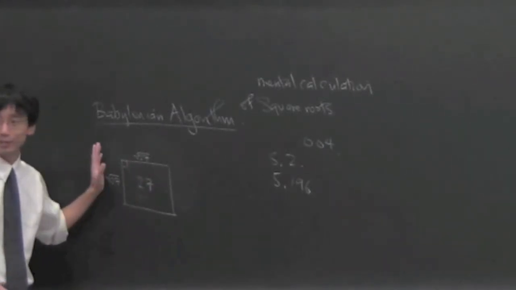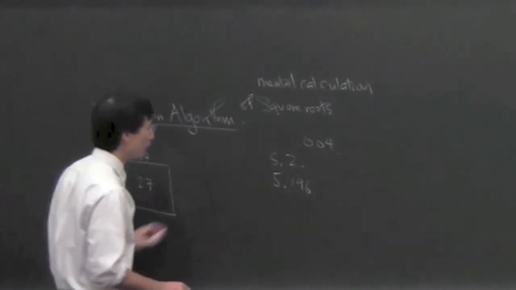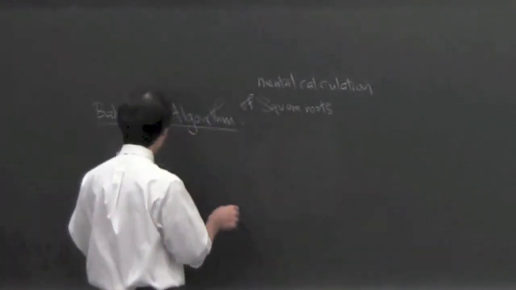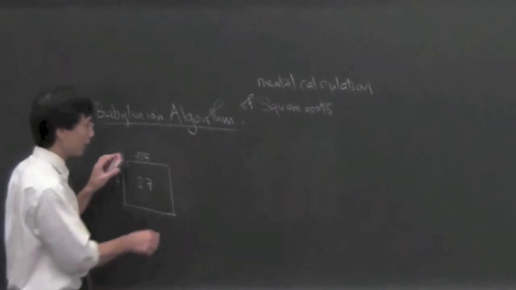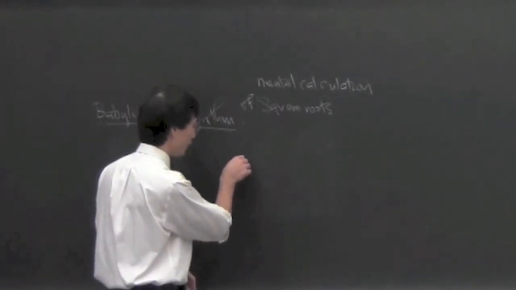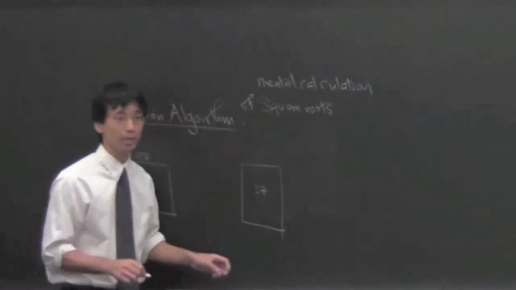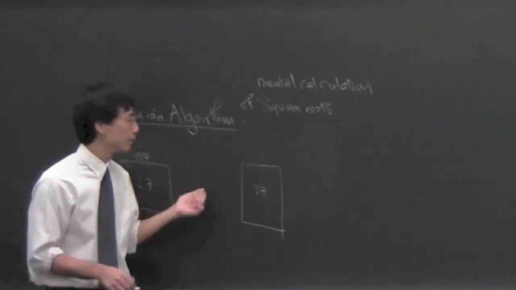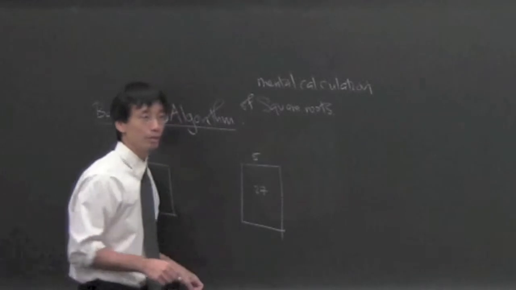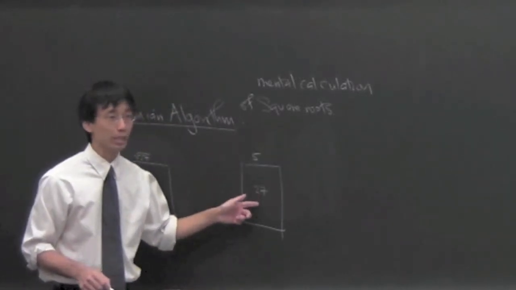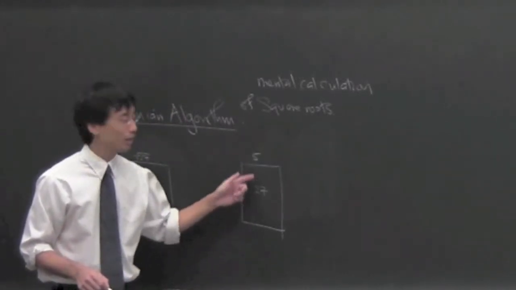That's obvious. But you don't know that. So what you do rather is you say, okay, here is my 27, and I'm going to make a guess. My guess is 5, because 5 squared is pretty close to 27.